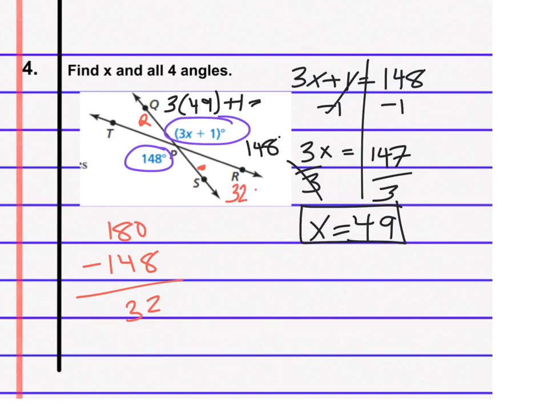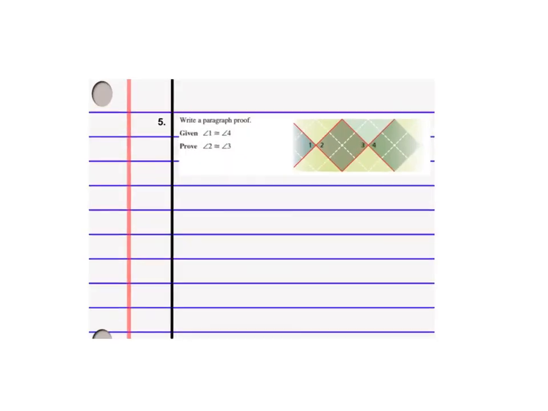So those two angles are 32. So I have 32 and 32, and we had 148, 148, and x was 49.